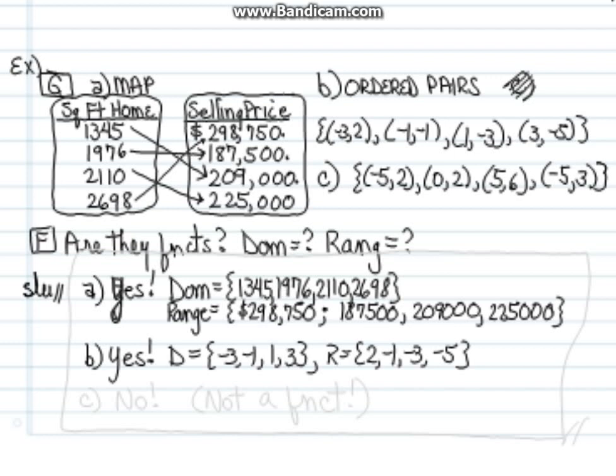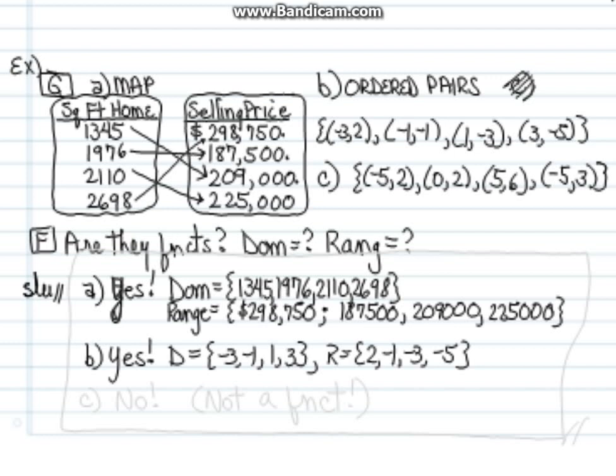Finally, part C, where they gave us the other set of ordered pairs, they ask us, does this represent a function? In other words, does this represent y as a function of x? What it really means is all the x's are faithful, teaming up with just one y partner. Well, look at all those x values.